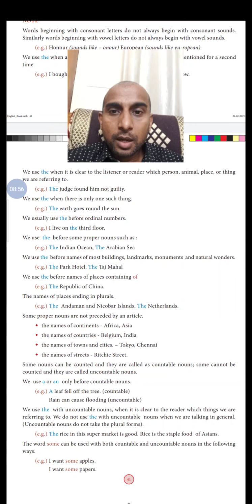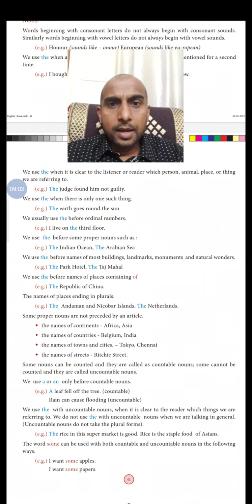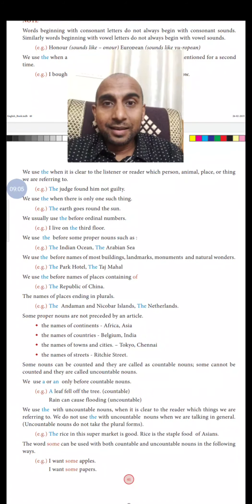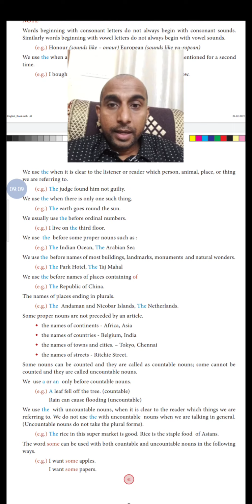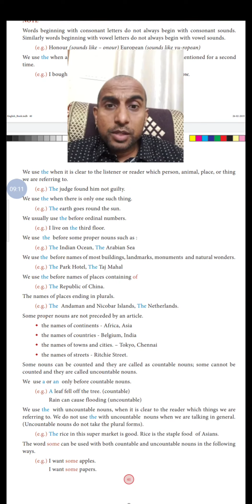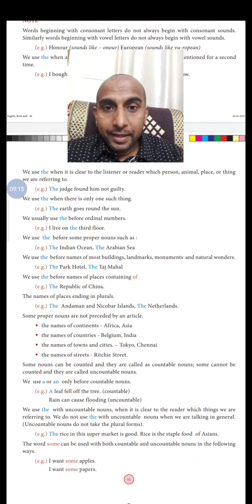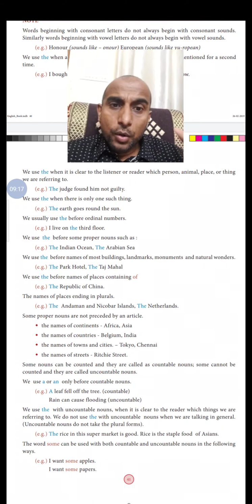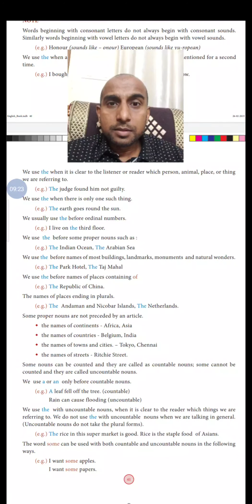Even in many other proper nouns also, the Nilgiris, the Kaveri, etc. And the next one, we use the before names of most buildings, landmarks, monuments, and natural wonders. For example, the Park Hotel, the Taj Mahal. So we use the here as well.